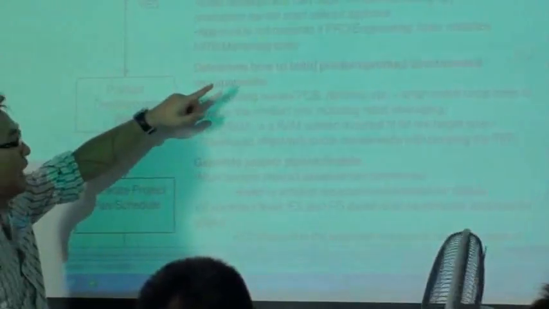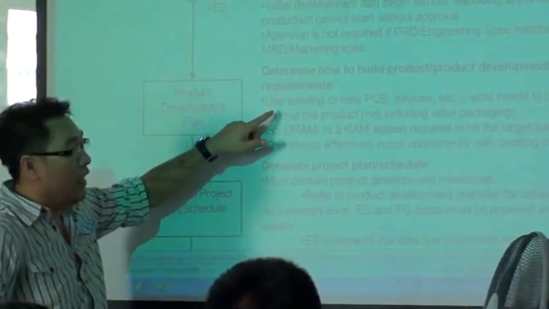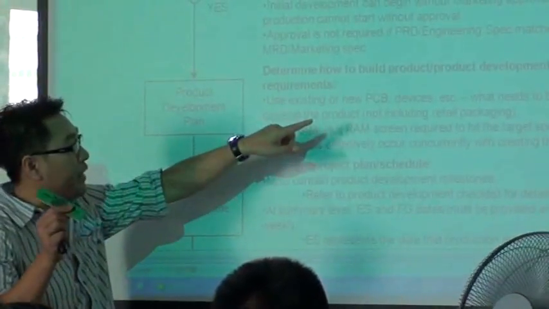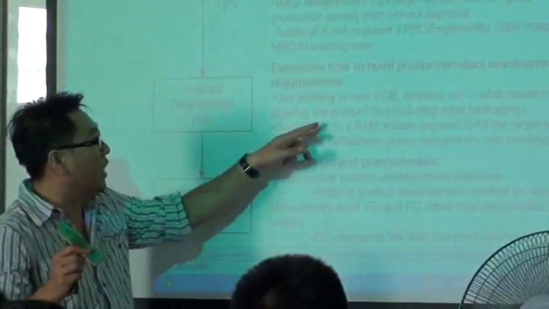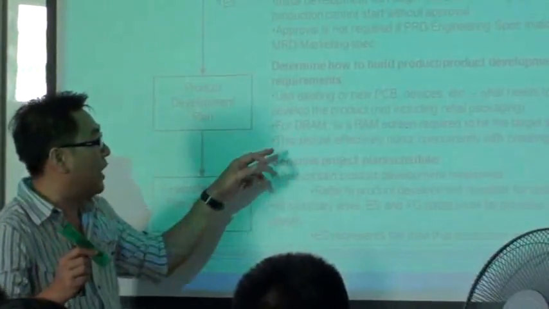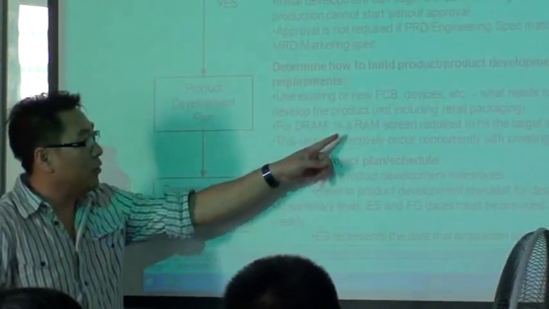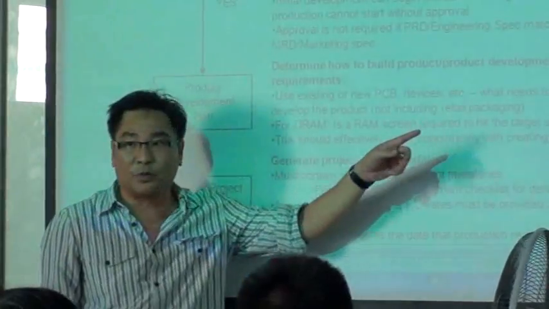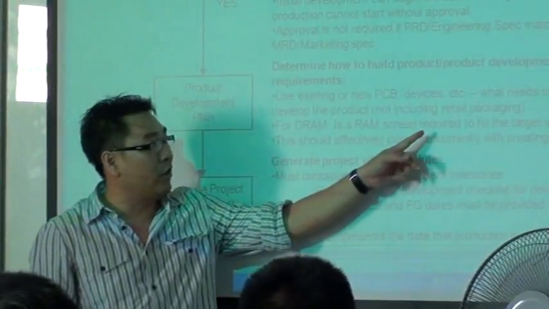We have to determine the product development requirement, which means we're using the existing PCB and device, what needs to be done to develop the product, not including the retail package. So number one, the DRAM, a RAM screen is required to hit the target spec.